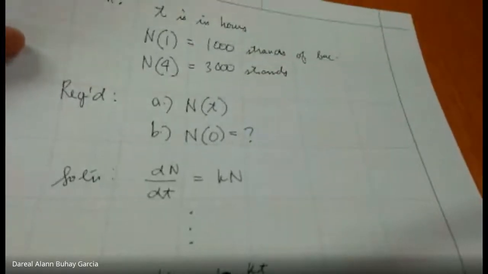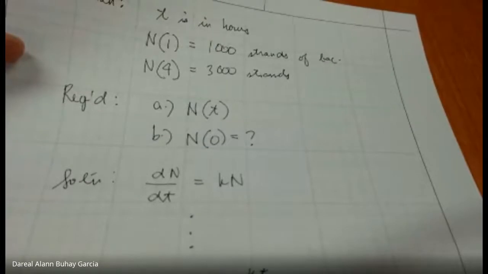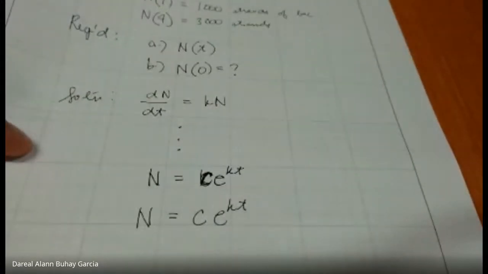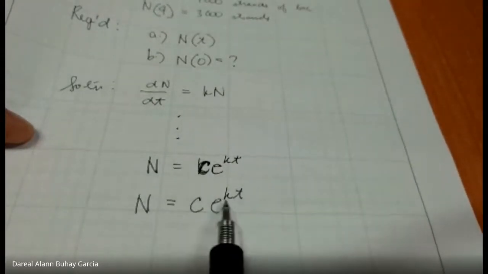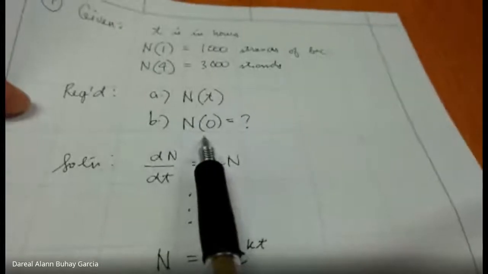Earlier, in problem number 1, we got C from the initial value, but here the initial value is the question. But we have two samples, so I think we will use simultaneous solutions here. Okay, that's doable.